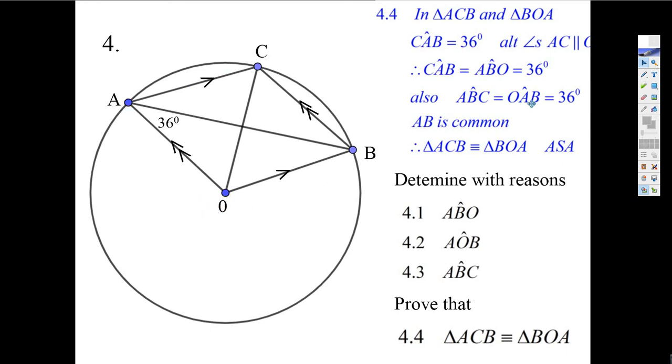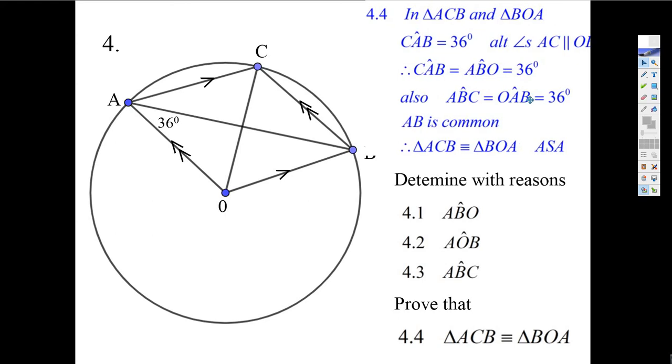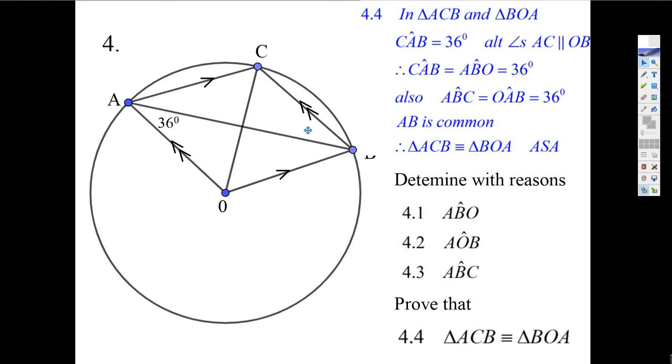Certain things are true. What's going to help us do this question is that these two triangles share a common side. I'm going to work with the two angles on either side, but I've got to show that they're equal. We knew that this was 36 degrees, so CAB must be 36 degrees.